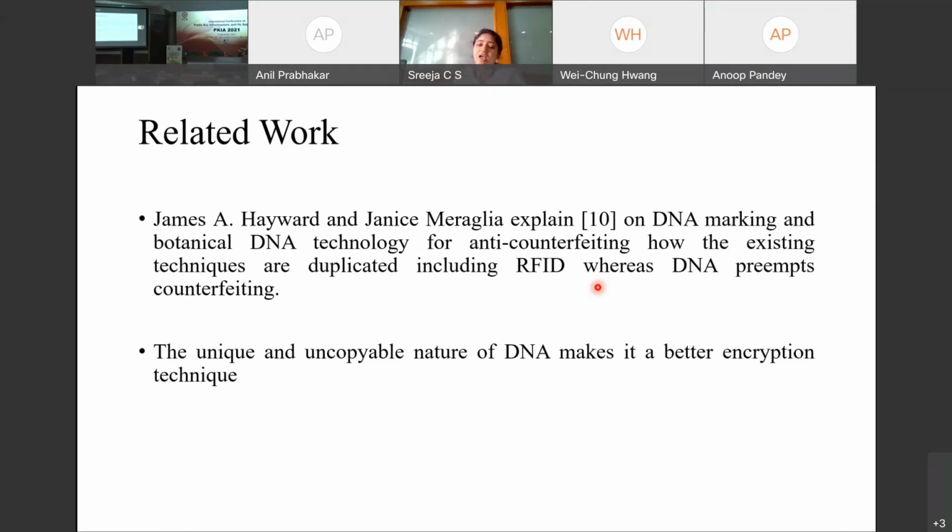So the unique and uncopyable nature, when I say uncopyable, we always talk with respect to reverse engineering, right? If I have a code, how am I going to regenerate the code? Is it possible, or do I have to decode it to get the original code? This is where the importance of DNA comes into the picture. I cannot copy it. Even if I copy it, how am I going to retrieve the original data? That's the challenge.